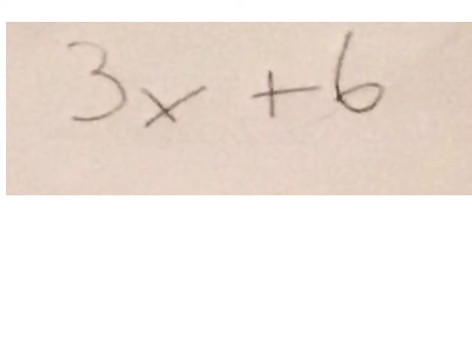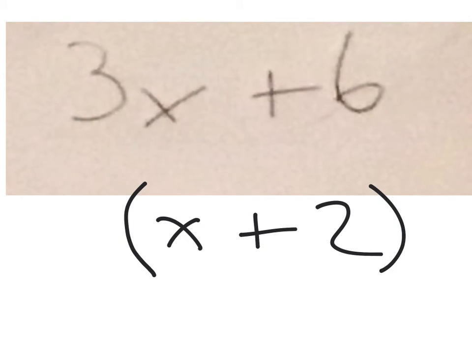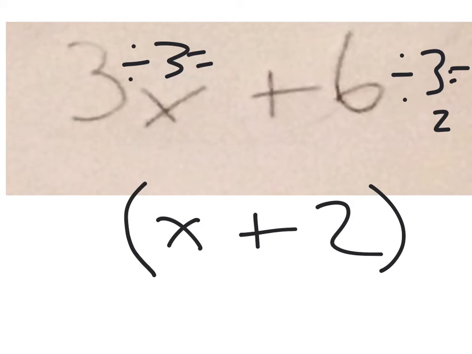So we put x plus 2 in parentheses because we divided 6 by 3, which equals 2, and then we do 3 divided by 3, which equals 1. So it would be 1 times x plus 2.